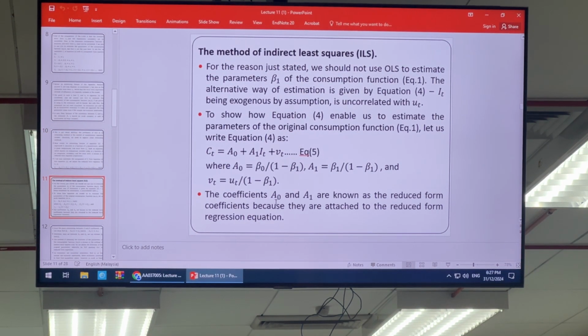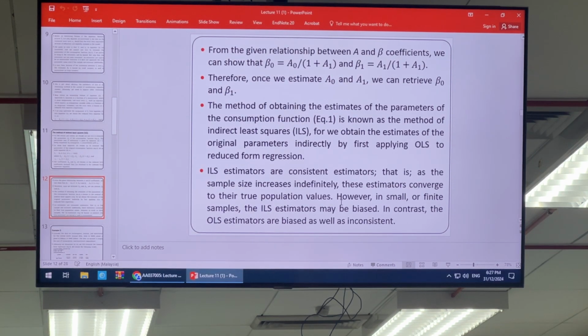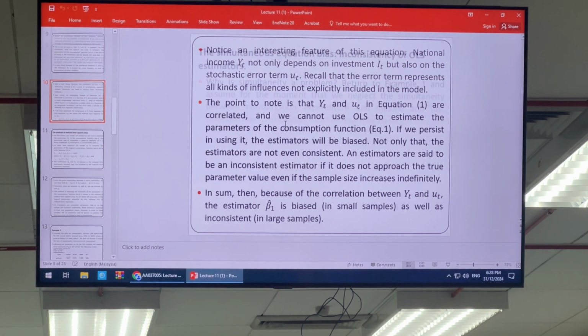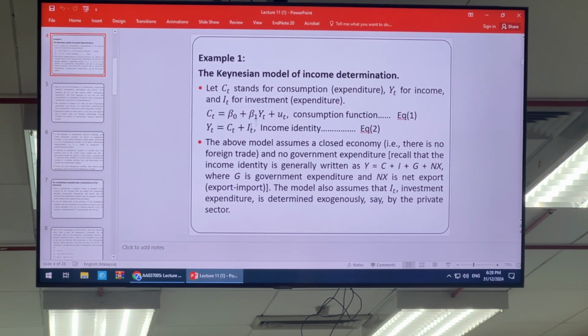The coefficients A0 and A1 are known as the reduced form coefficients because they are attached to the reduced form regression equation. So what you can do here, basically, in order to get estimates of beta 0 and beta 1 in the original equation, equation 1, is this. We want to estimate beta 0 and beta 1, right? But we cannot use ordinary least squares because YT is correlated with UT.